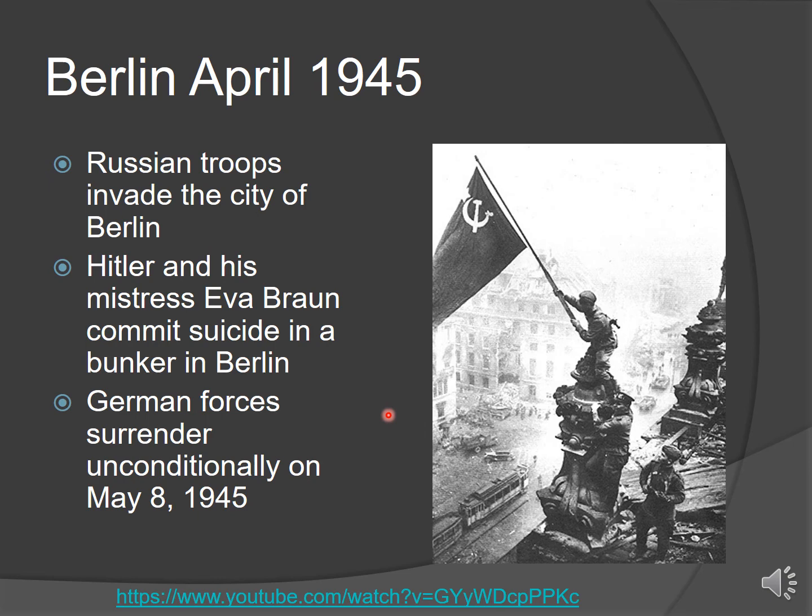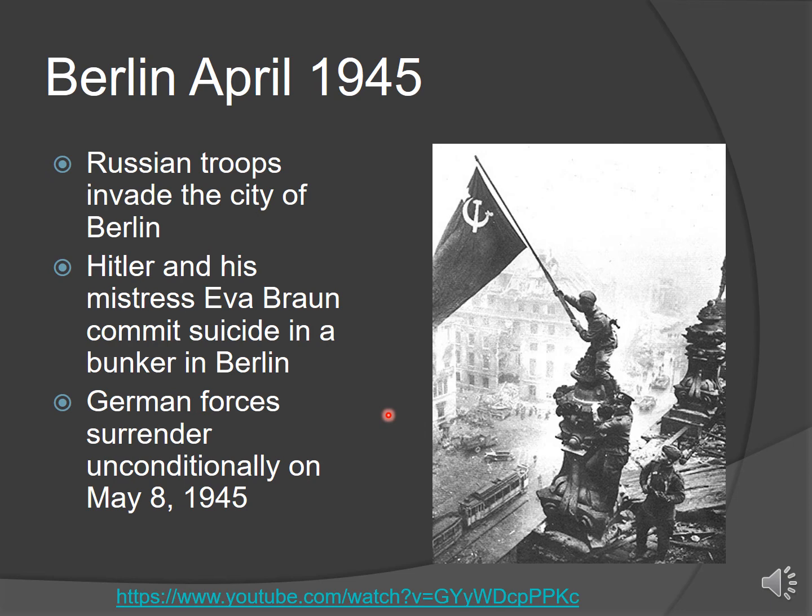Okay, so by the time we get to April of 1945, the Russian army is closing in on Berlin, Germany. And they're able to attack Berlin both from the east and from the south.